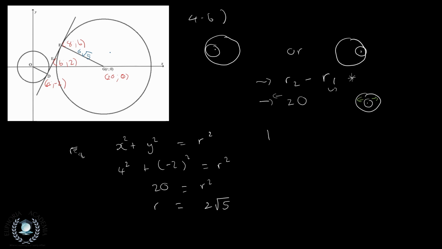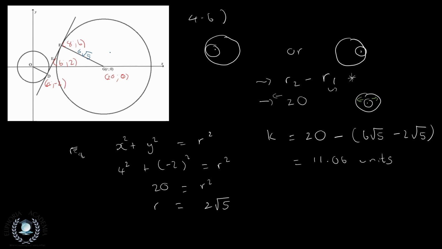Now the k units will be determined by, like we said before, moving it 20 units and then moving it to the left by the relationship R2 minus R1. R2 was 6 multiplied by the square root of 5, minus 2 square root of 5, and that will give us 11.06 units.